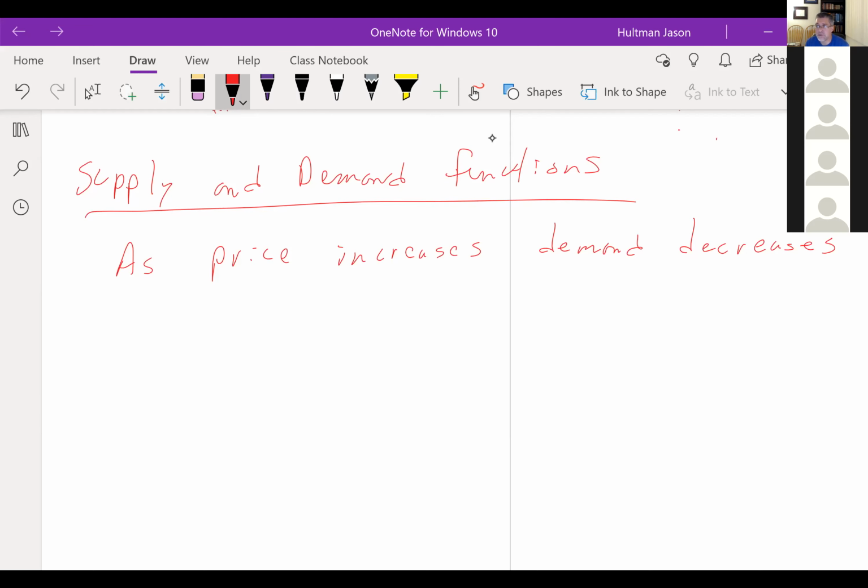At $13 a cup, forget it. Nobody's going to be walking through your door. So as price increases, demand decreases, but what happens to supply?